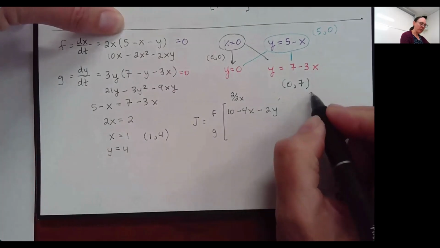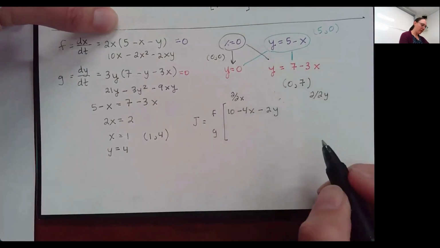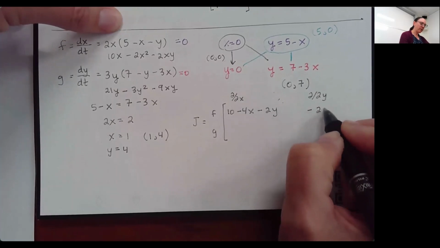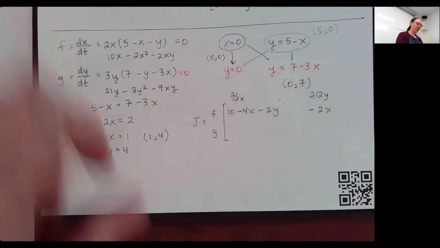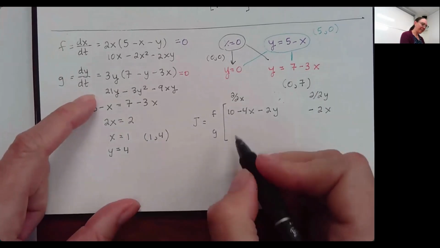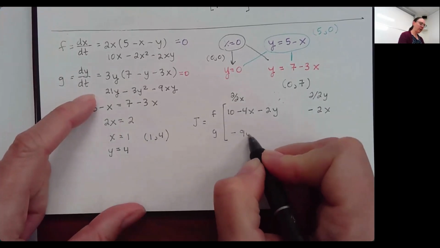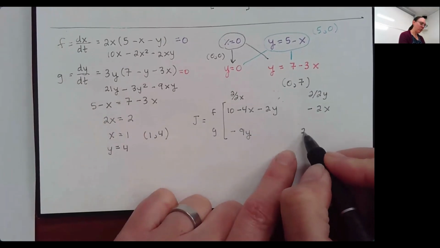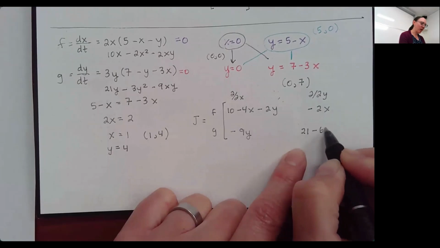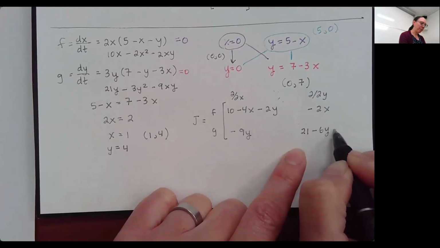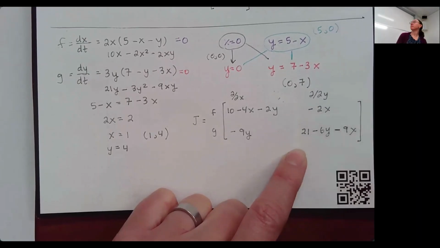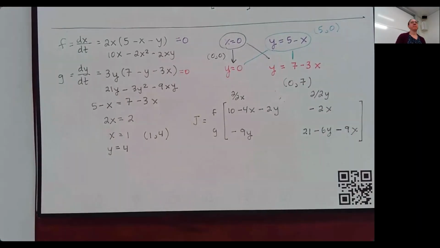My partial with respect to y, I've got negative 2x. For my g equation, my partial with respect to x, I've got negative 9y. And my partial with respect to y, I get 21 minus 6y minus 9x. How'd I do?